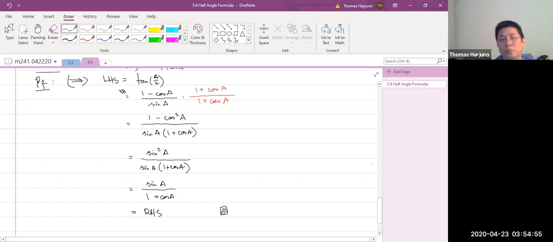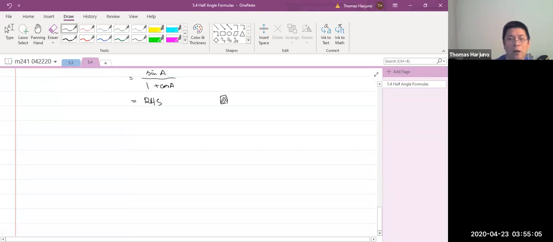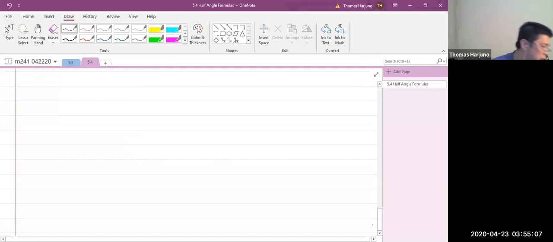Now, once we get the half angle formula for sine, cosine, and tangent, then the reciprocal gives us the half angle formula for secant, cosecant, and cotangent.